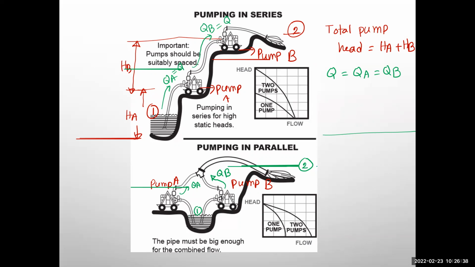In between 1 and 2, it's HA. For B, what is the elevation difference in between 1 and 2? So they are the same, right? That simply means pump head B equals pump head A. It's the same. Now, what about the flow? And if I want to find the total flow, how can I do that? Yes. You know the principle here. We just needed to discuss that, right? So that simply tells you.